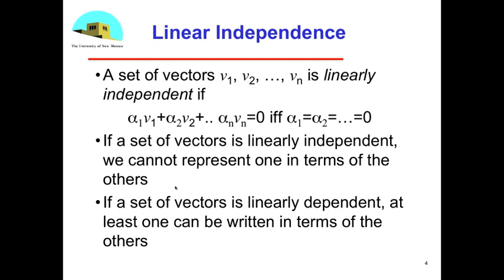Well, that's where the concept of linear independence comes up. If you can find some summation of a bunch of vectors multiplied by scalars and it sums to 0, and not all of those alphas are 0, that says I can solve that equation for one vector in terms of the others.